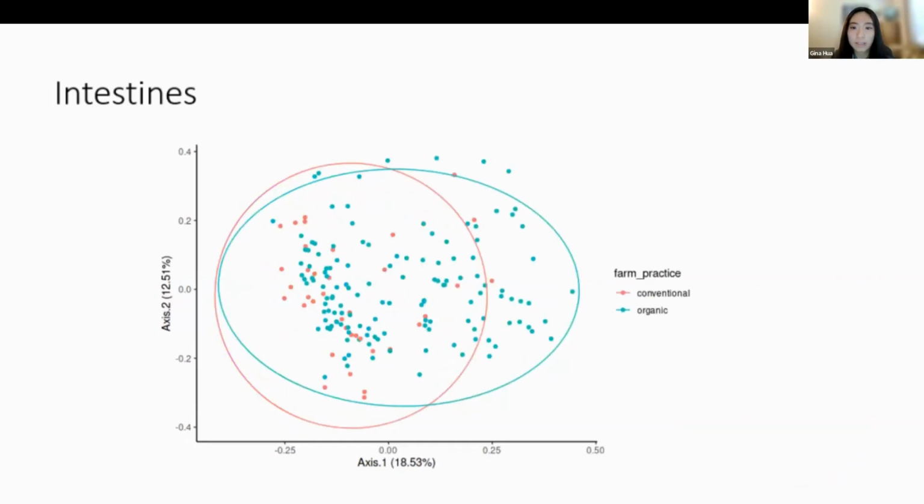And if we organize the data in terms of conventional farm versus organic, conventional being that the farm uses pesticides and herbicides, and organic being that they don't, we can see that there's also a significant difference, which again, we would not expect. We would expect it to be the same.